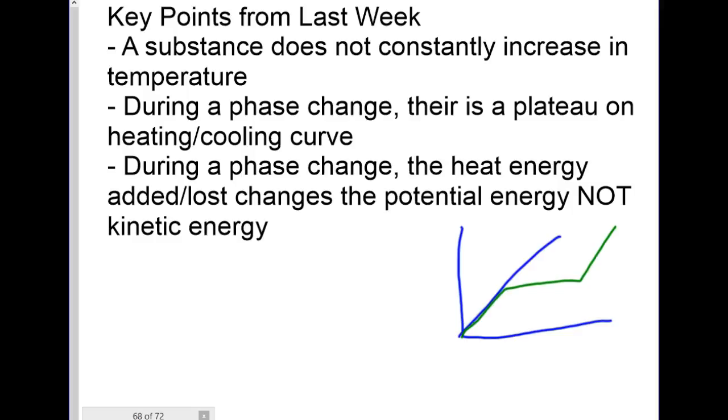Okay. What could be the problem with trying to use Q equals mc delta T for this time period? There's no change in temperature. The temperature stays the same. We cannot use this formula in order to calculate the gain or loss of heat.